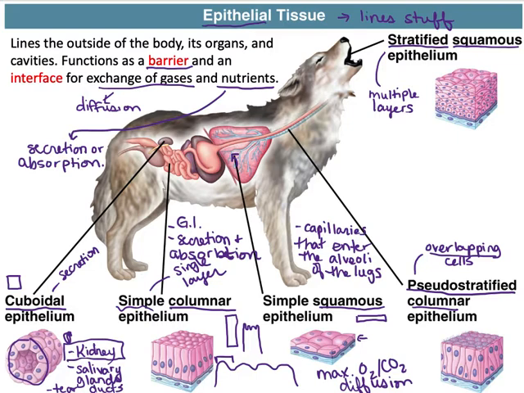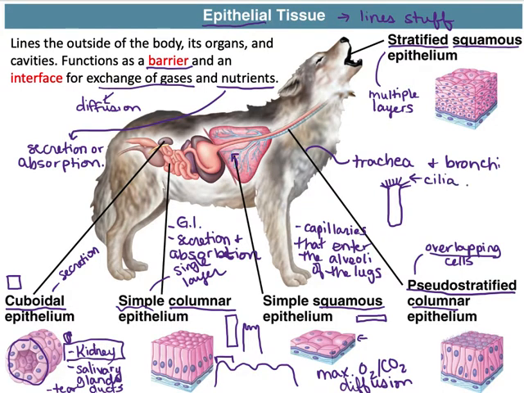Right. Next, we have our pseudostratified columnar epithelium. The pseudostratified columnar tissue is going to be found in the trachea and the bronchi. What is notable about these cells is that at the surface of the cell, let's say this is the columnar cell, they have hairs or protrusions from the cell surface called cilia.